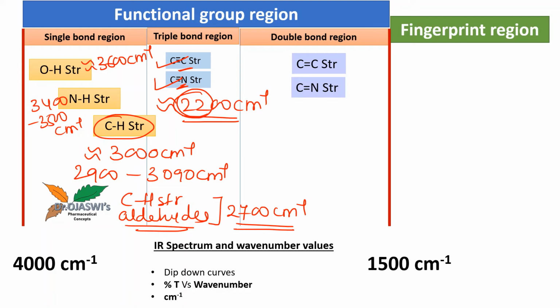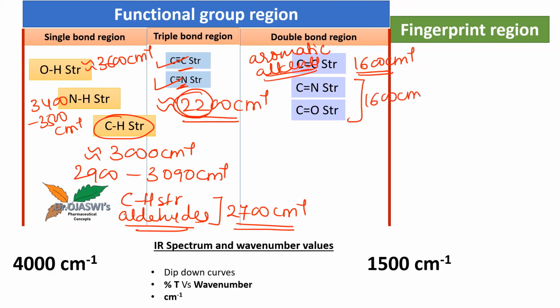Next, in double bond region we have C double bond C. This C double bond C could be from aromatics, it could be from alkenes. It appears around 1600 centimeter inverse. Then we have C double bond N stretching and C double bond O stretching peaks appearing around 1600 centimeter inverse.